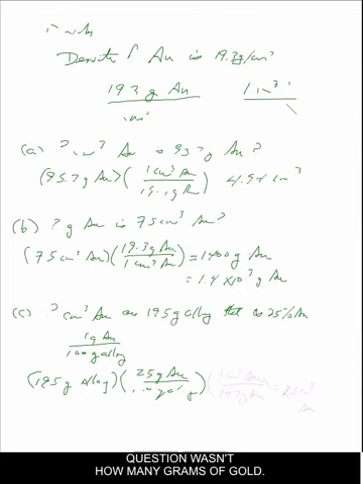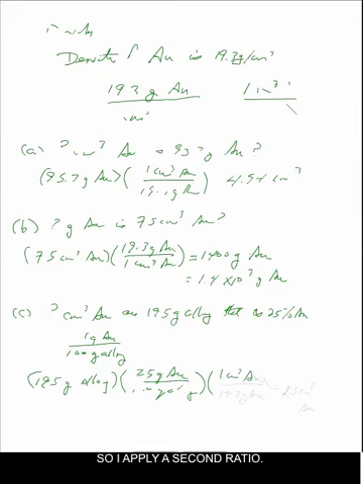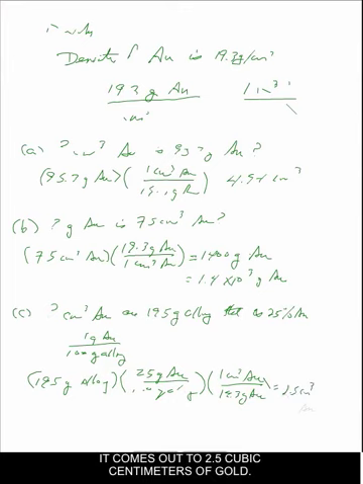The question wasn't how many grams of gold, it was how many cubic centimeters of gold. So I apply a second ratio. A cubic centimeter of gold is the same thing as 19.3 grams of gold. And when I do that arithmetic, it comes out to 2.5 cubic centimeters of gold. Again, like everything else, you write all the units if you want to have these problems work out easily and give you the right answer.